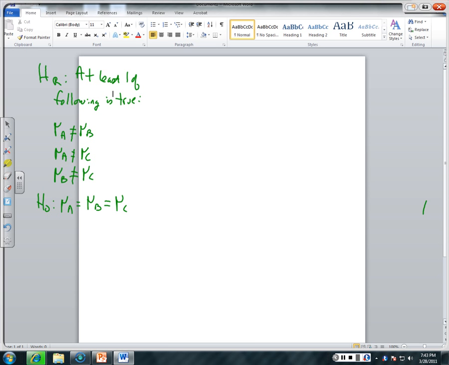They're all the same. HR is, there's at least one difference between means. Any one of those 3 being true negates the null hypothesis. Okay? They could all be true, or 2 of them could be true, or 1 of them could be true. If you reject H0, at least one of those.